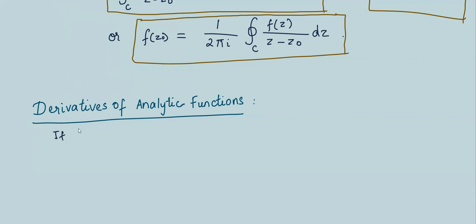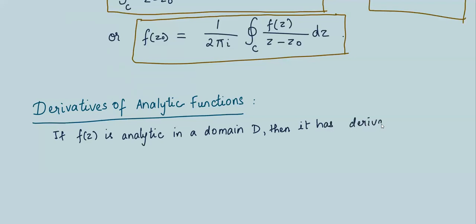If f of z is analytic in a domain D, then it has derivatives of all orders in D which are also analytic.